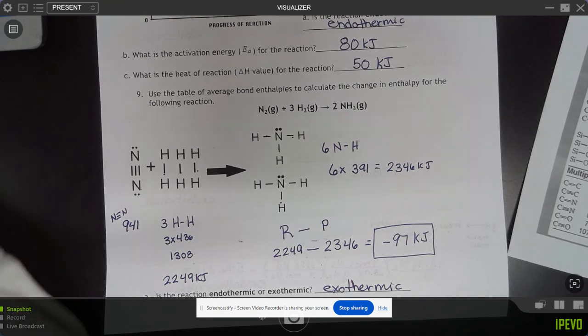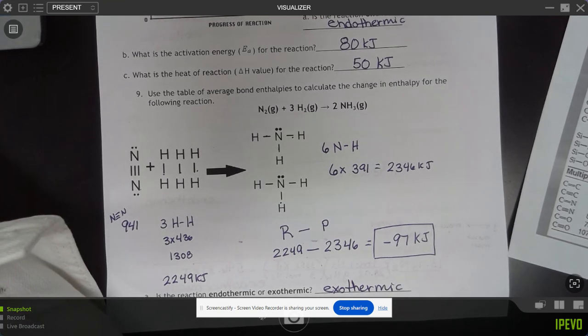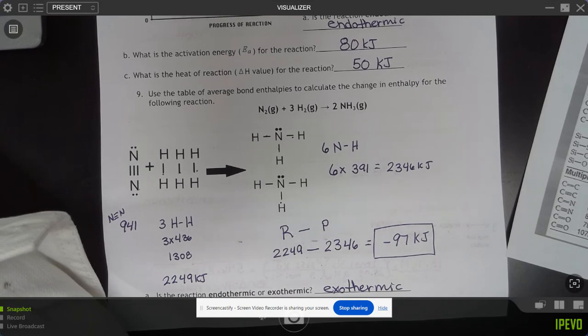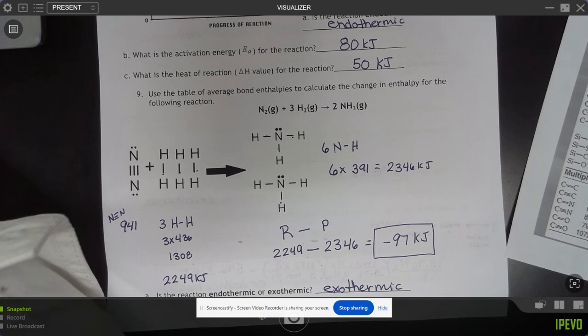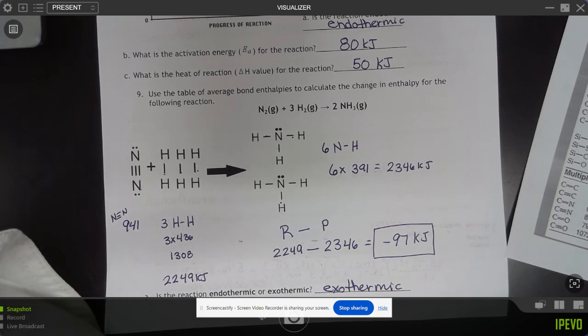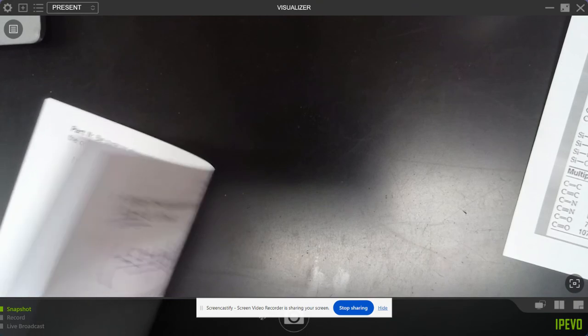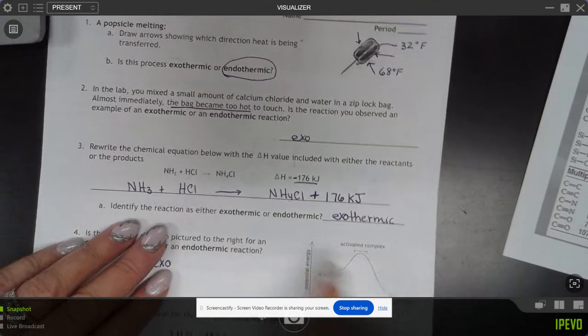All right, so that was a real quick run through of the quiz. So you should be able to make corrections on that. A couple of things, and I'll put this in the weekly preview also. To do corrections, they need to be on a separate sheet of paper, and you need to explain your answers. If something was exothermic and you put endothermic, I need you to tell me why. For example, if I'm looking over here, this is a good example.